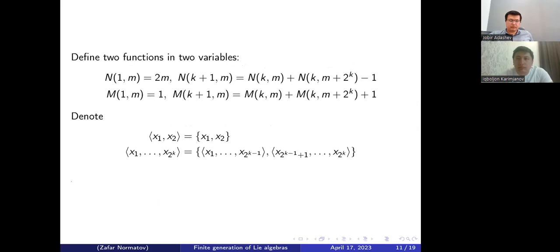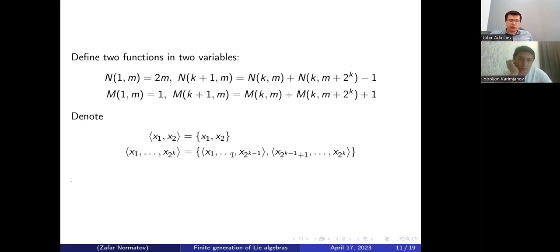Also, they define two functions in two variables, the n function and the m function. Actually this is a new operation: for two elements, they look only at the bracket of these two elements, and if they take many elements, they make two parts.